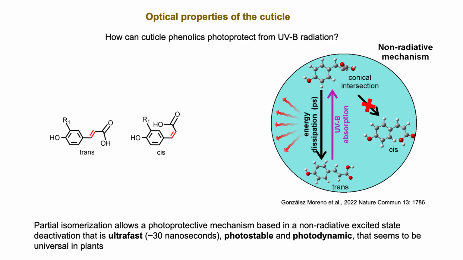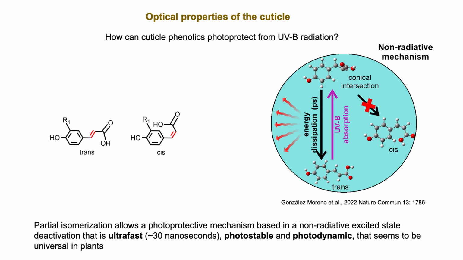The fact that it's photostable means that, contrary to our sunscreens that we put on our skins and 2 hours later we need to reapply because the molecule has degraded, this one does not degrade. And photodynamic means that it's continuously moving from one state to the other, releasing energy as it goes back to the trans state. Okay?